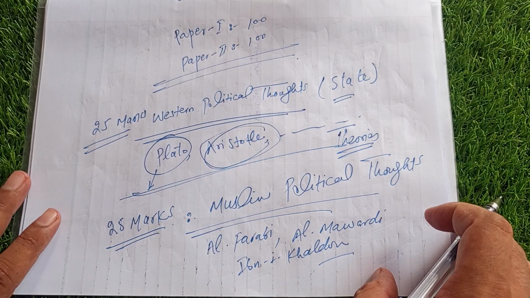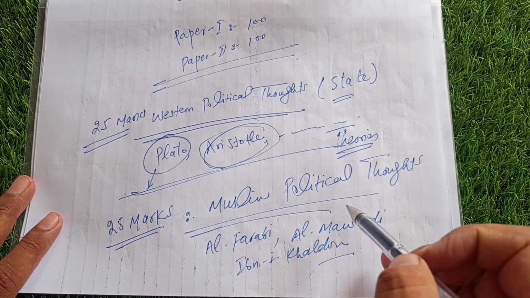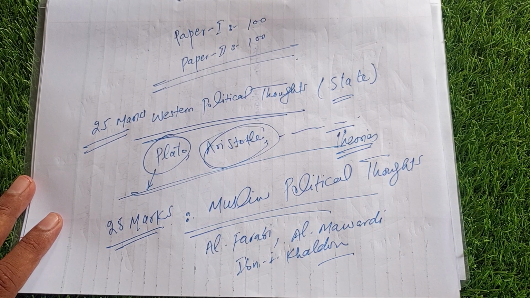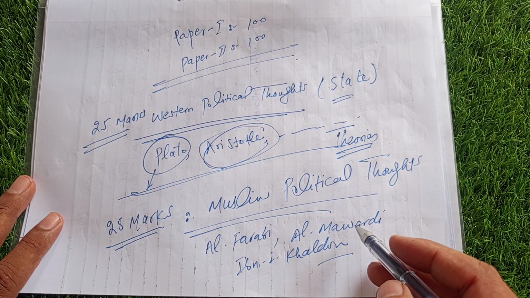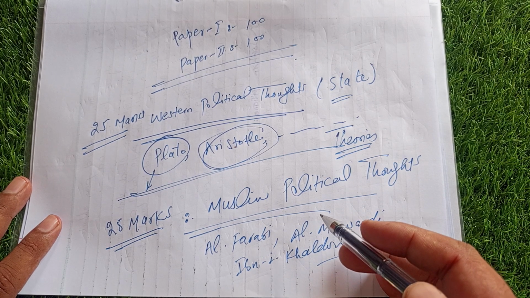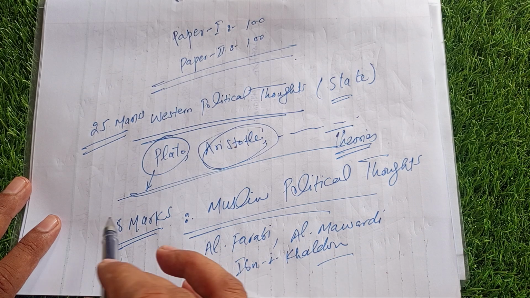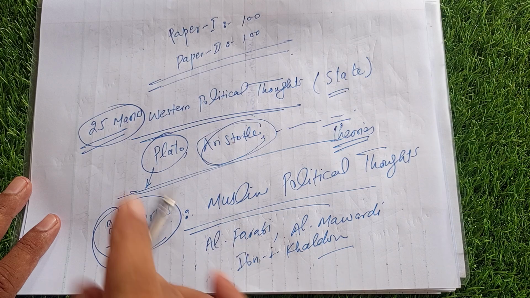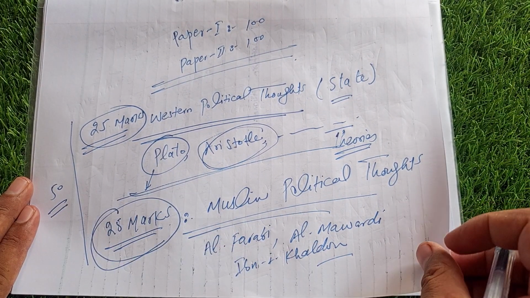So here students may be able to understand the concept of Muslim political thought, the concept of Riyasat, Alam-e-Islam, the concept of Ummah, the structures and the system of government given by Islam. So this is another part of political science. So these are the 50 marks in political science, paper 1.